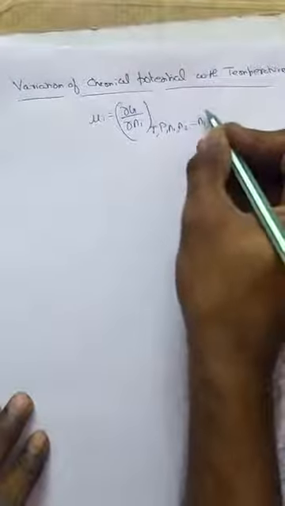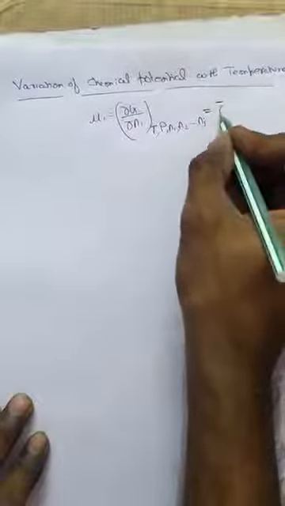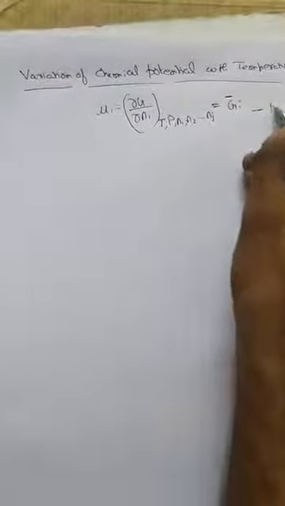Or this we can write as G bar i, that is the partial molar Gibbs free energy. Now I am going to differentiate equation 1 with respect to temperature, keeping pressure and the number of moles constant.